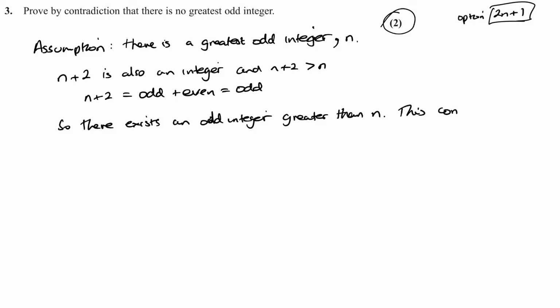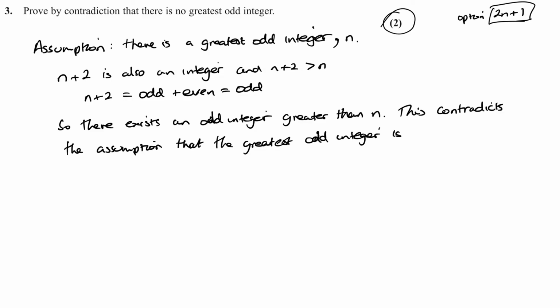And this contradicts, sorry, my spelling here is terrible, and it's like in the question as well, the assumption that the greatest odd integer is n.